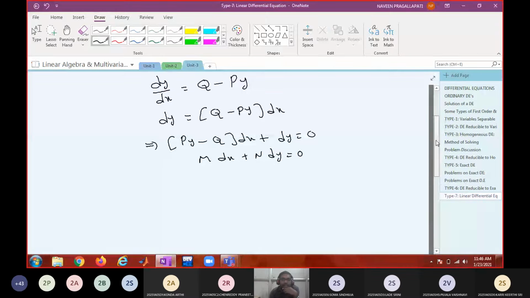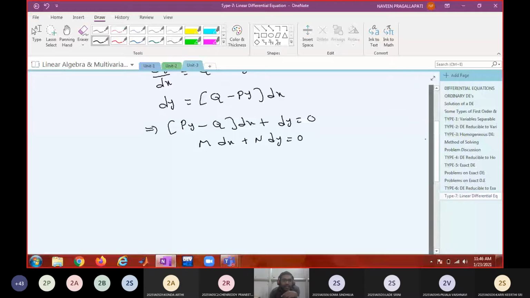Okay, so find dou M by dou y and dou N by dou x. What is M here? M is Py minus Q, that is, P of x into y minus Q of x, and N is 1. What is dou M by dou y?